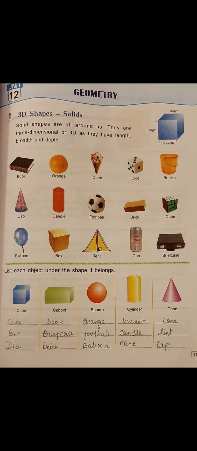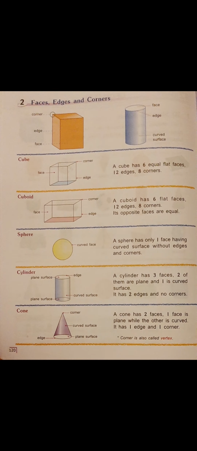Now moving on to cone. A cone looks like a cap, a birthday cap or something like that. A cone has how many faces? This is curved surface, this is plane surface, these are edge and corner. A cone has two faces.